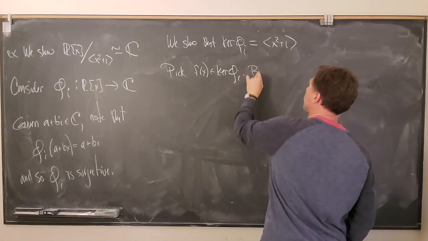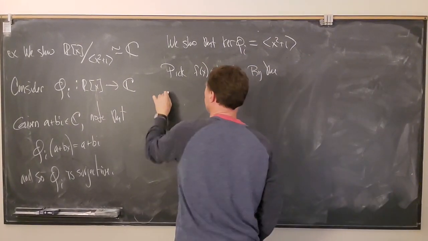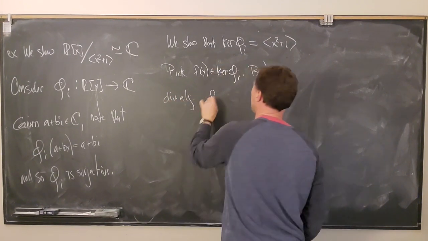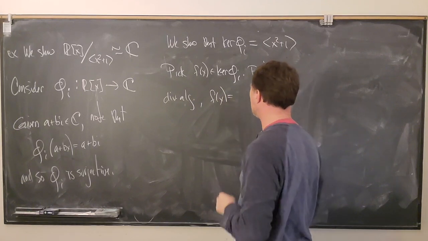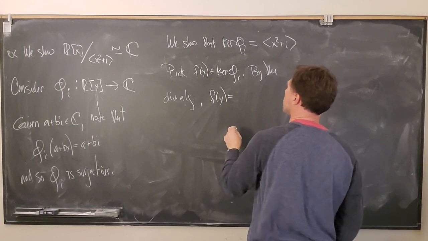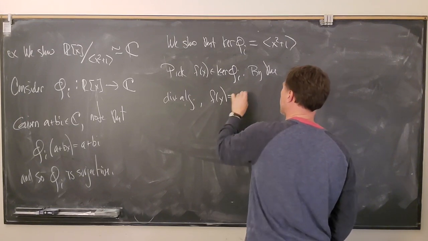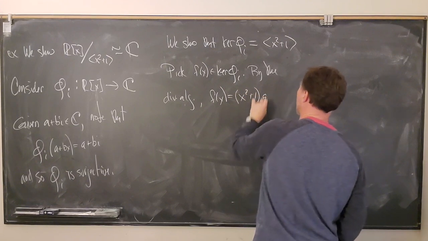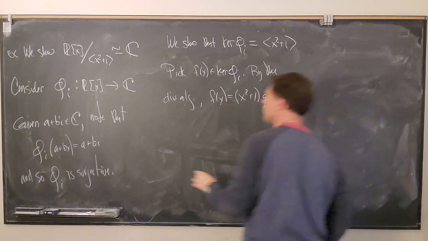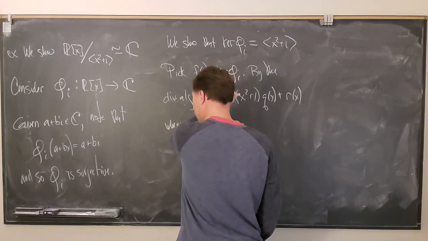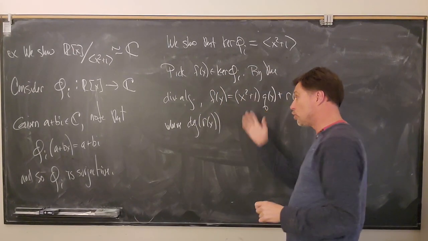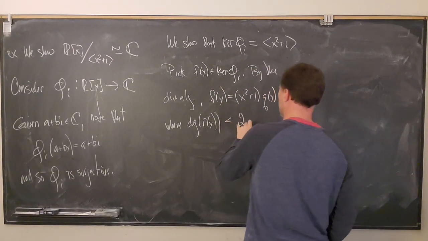By the division algorithm, f(x) is equal to (x² + 1) q(x) + r(x), where the degree of r(x) is strictly less than 2.